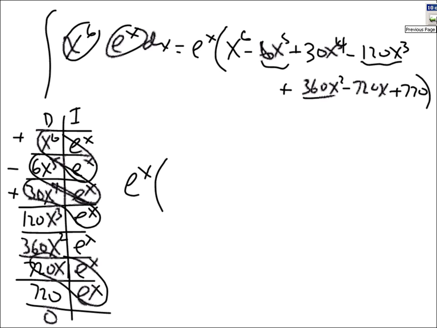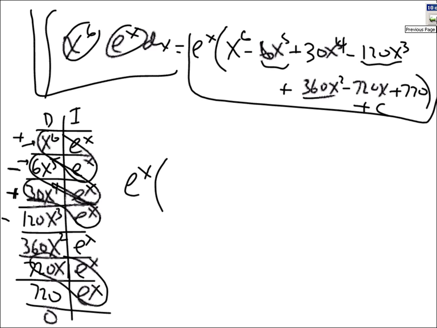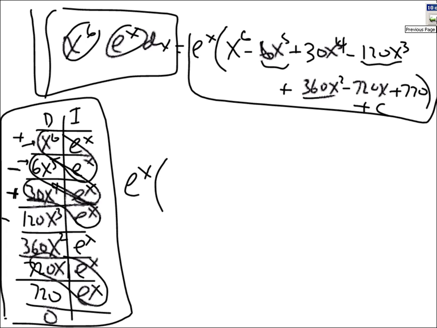So I get plus x to the 6th minus 6x to the 5th plus 30x to the 4th minus 120x cubed, and so on. Don't forget to say plus c. It eats through these problems. This one, you have to integrate by parts 6 times. You'll be losing your mind by the time you get to the end. Or you can say, you know what, this is pretty easy. I like these. Okay, good luck with integration by parts.